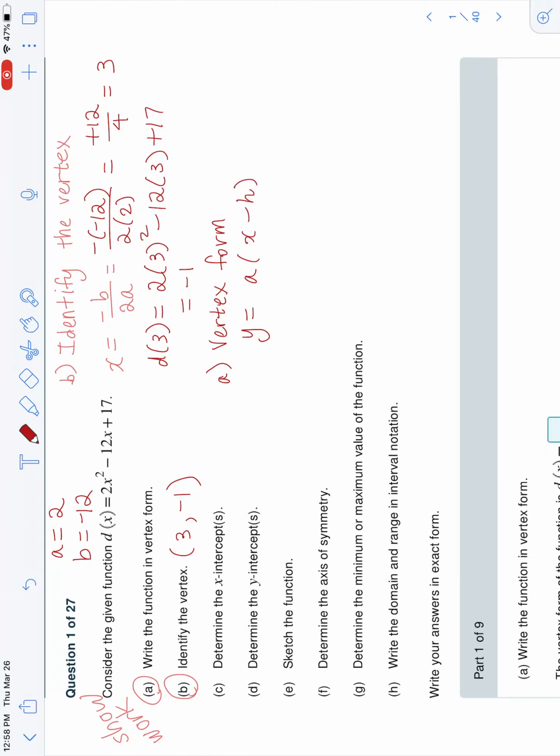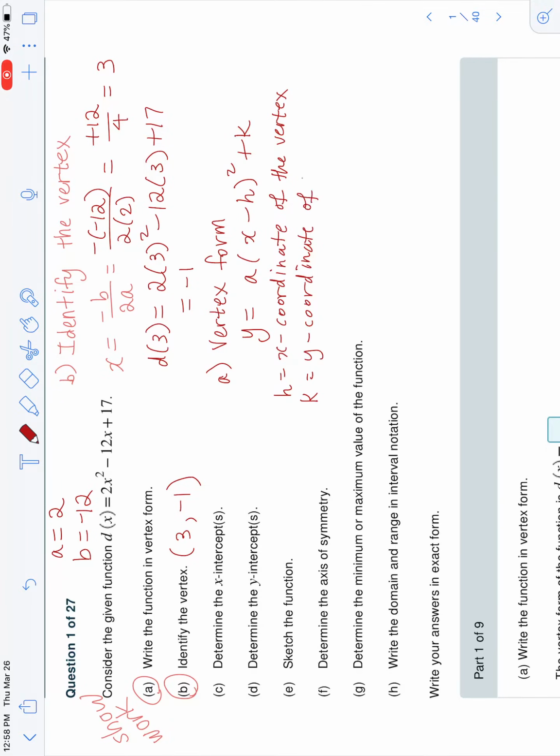So the vertex form is y equals a times x minus h squared plus k. Now, this is from a long time ago that we did, I think sometime in February. But we do have all these values. Remember, h is the x-coordinate of the vertex.